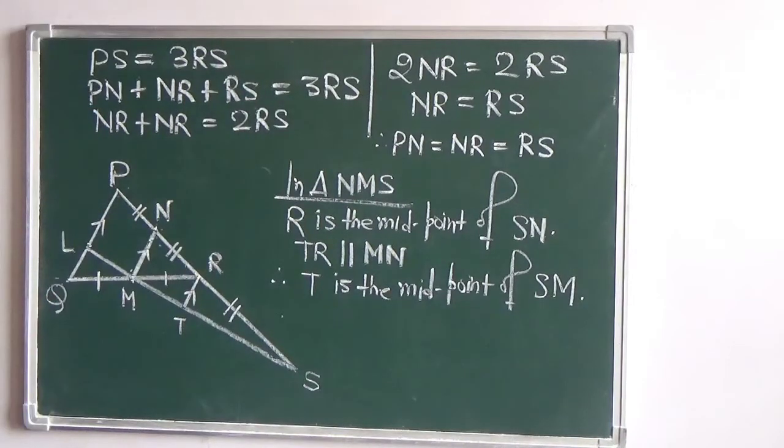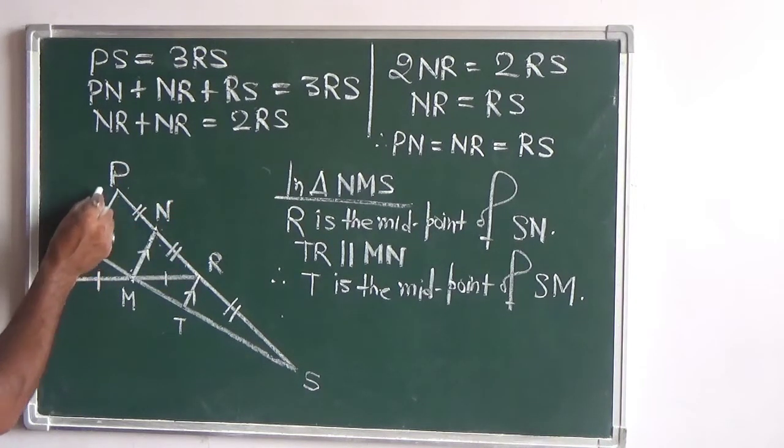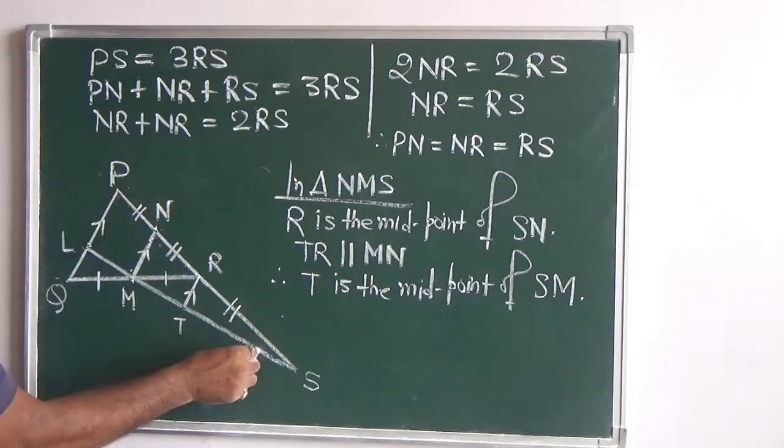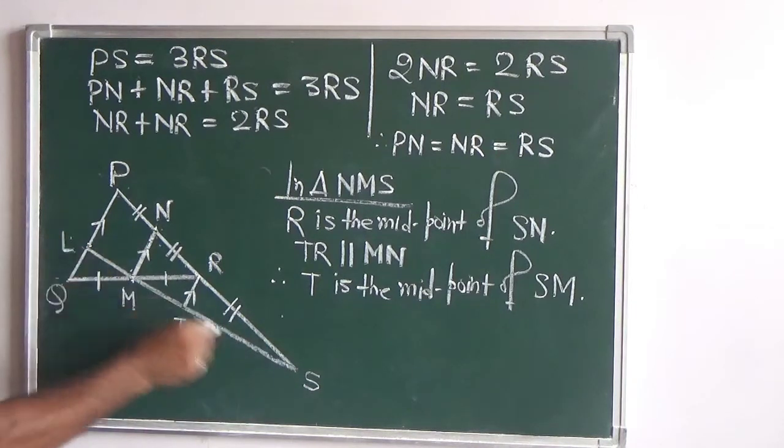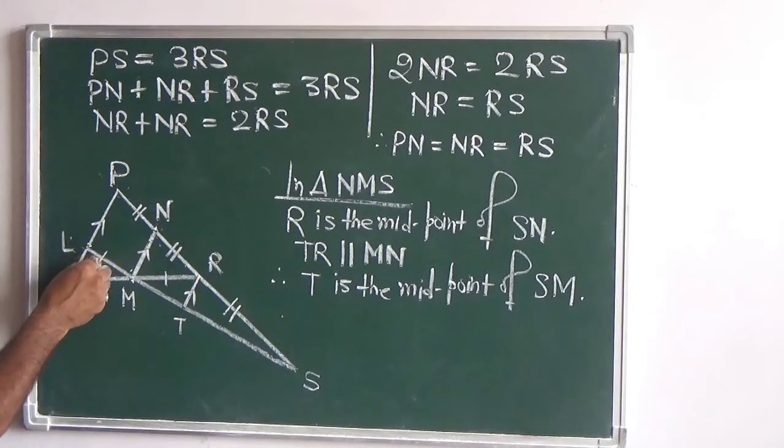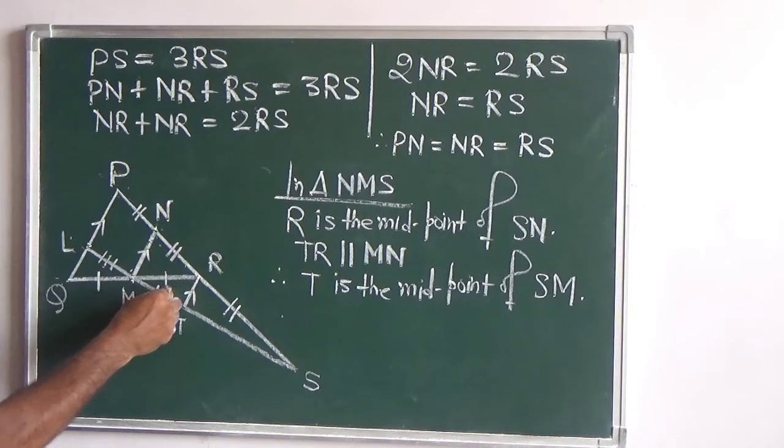Now see, PQ, MN, TR are parallel to each other, and if you consider PS as the transversal, we have PN equals NR. Similarly, if we consider LS as the transversal, then we have LM equals MT by the equal intercept theorem. Be careful what is given.